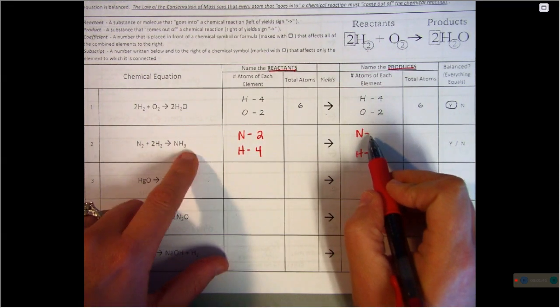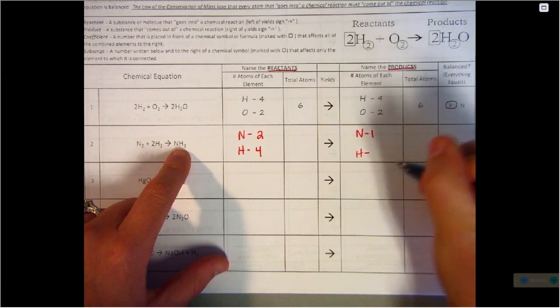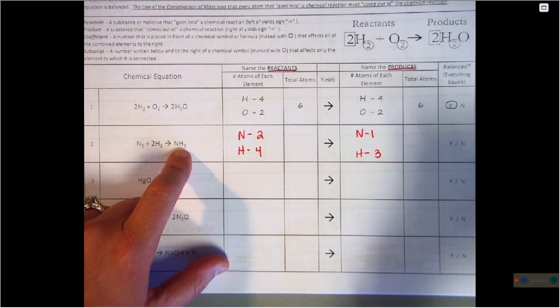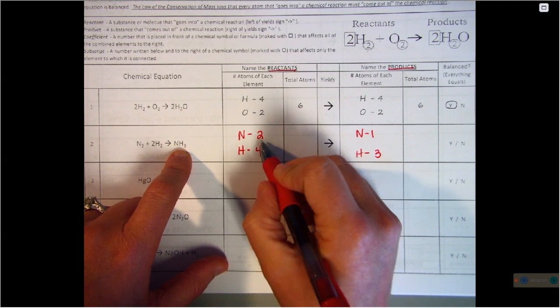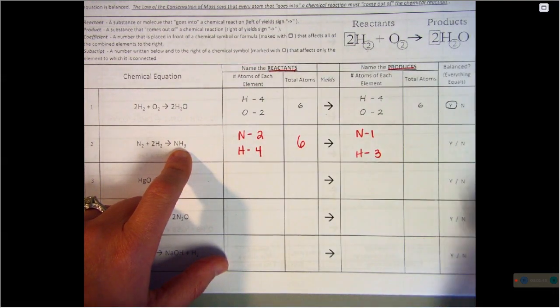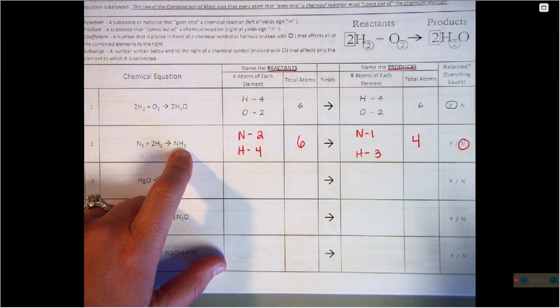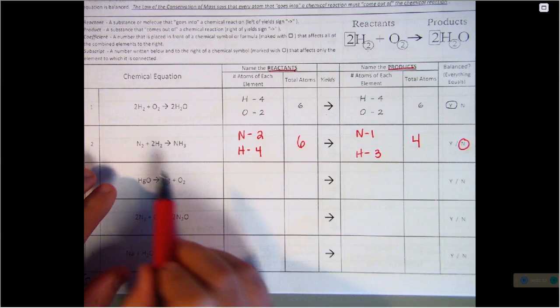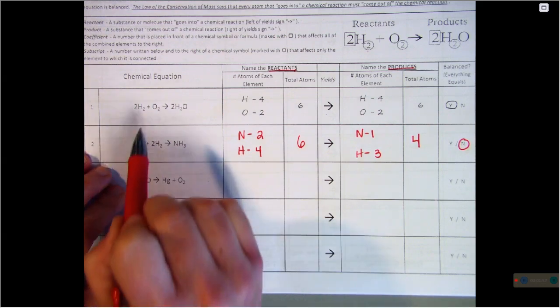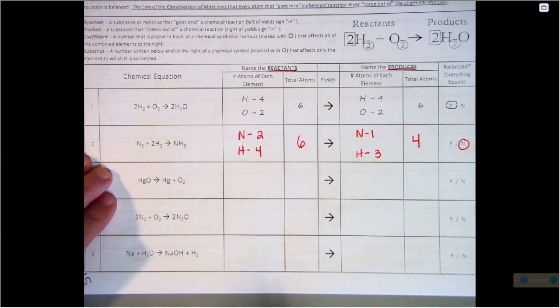On this side, I have 1 nitrogen and 3 hydrogens. That means I have 6 atoms over here, and I have 4 atoms over here. This is not a balanced equation. So when we start balancing, we would need to go back here and add the correct coefficient.